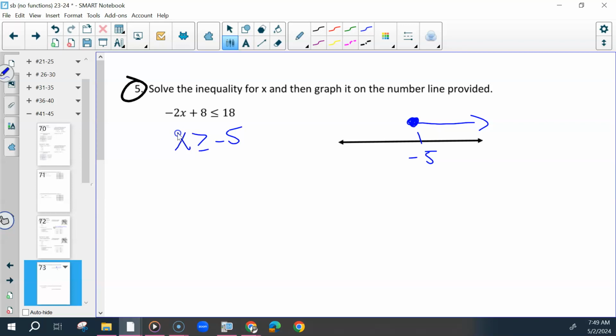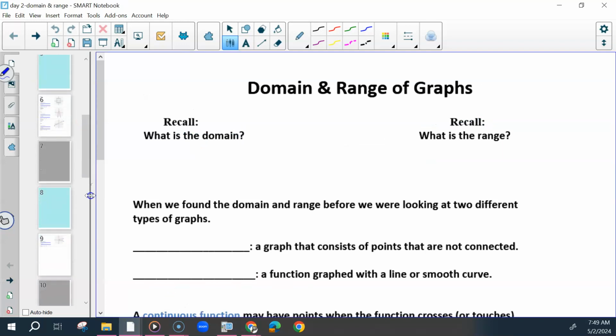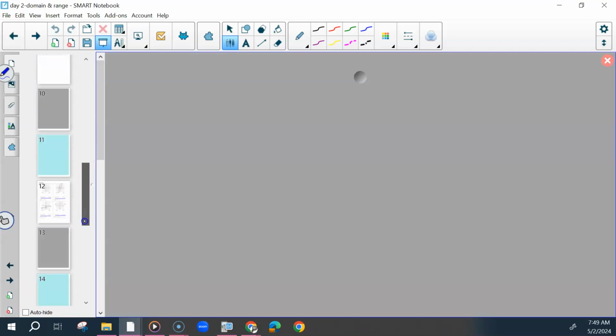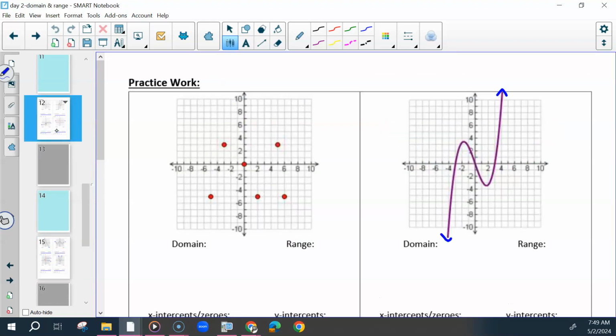Do you have any questions on any of those? If you haven't already, check out your notes from yesterday. The domain and range notes. You got the x. And we're in the practice work.